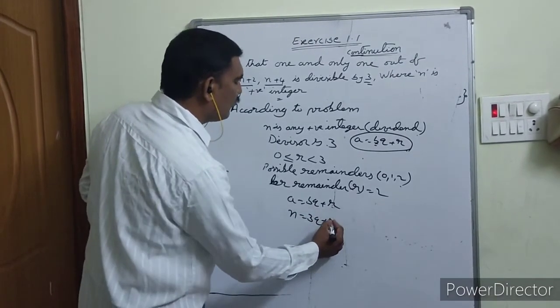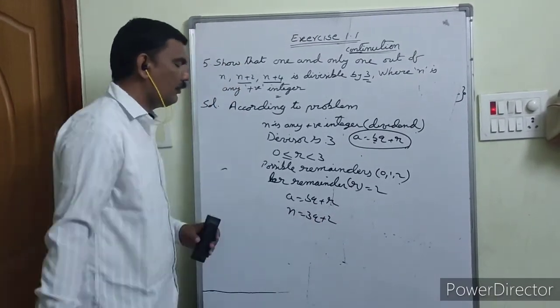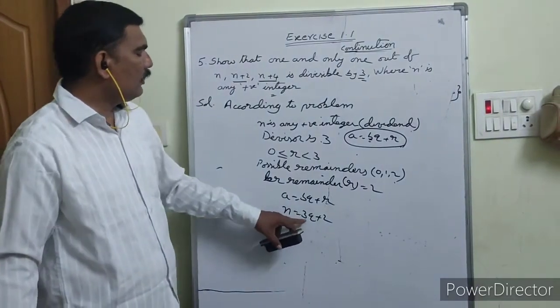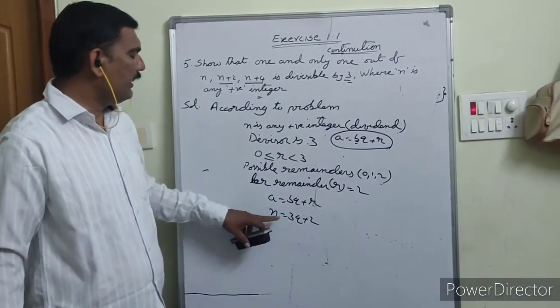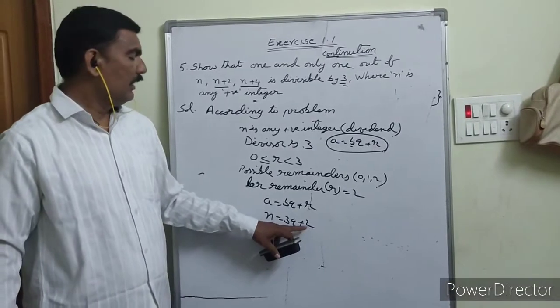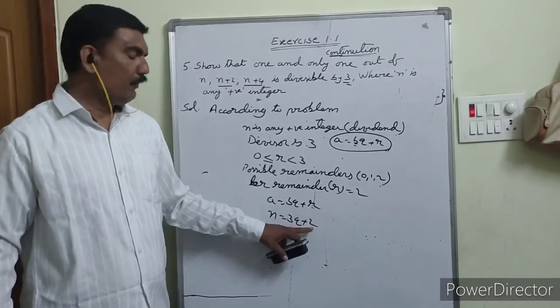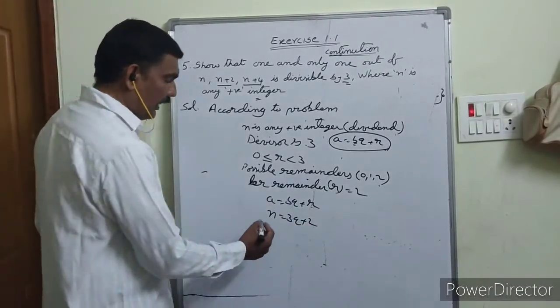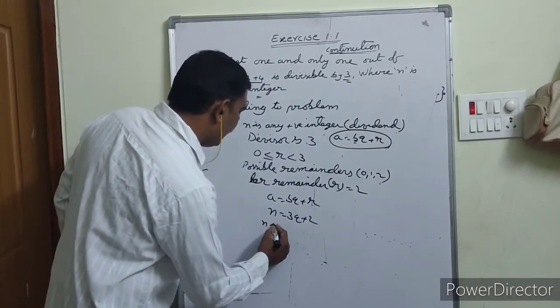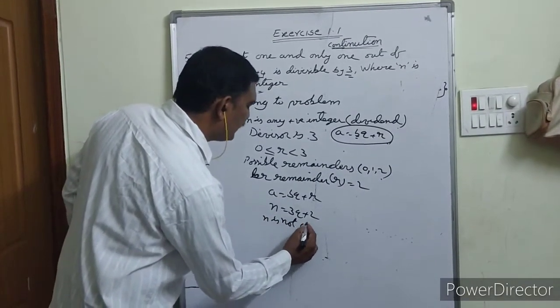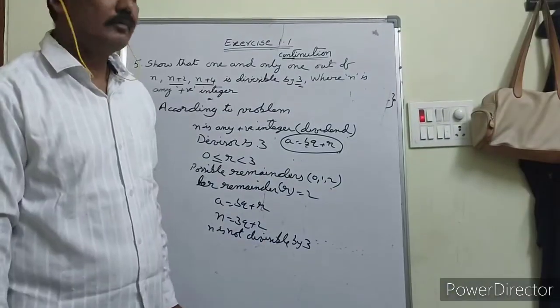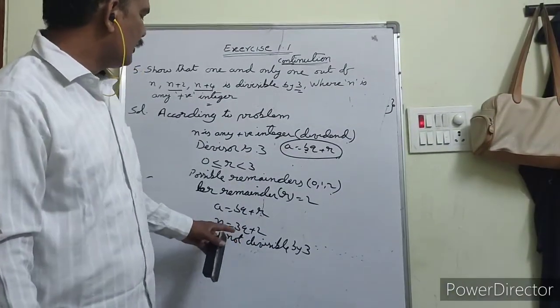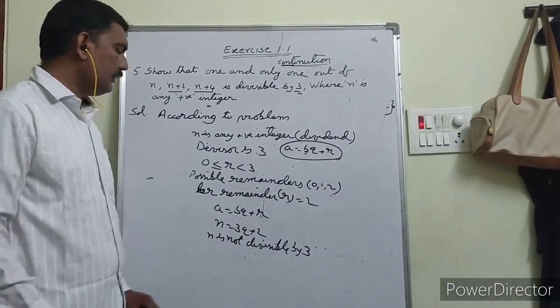What is r? 2. So n is equal to 3q plus 2, which is in the form a equals bq plus r. The remainder we got is 2. If remainder is 2, this is not divisible by 3. So n is not divisible by 3.